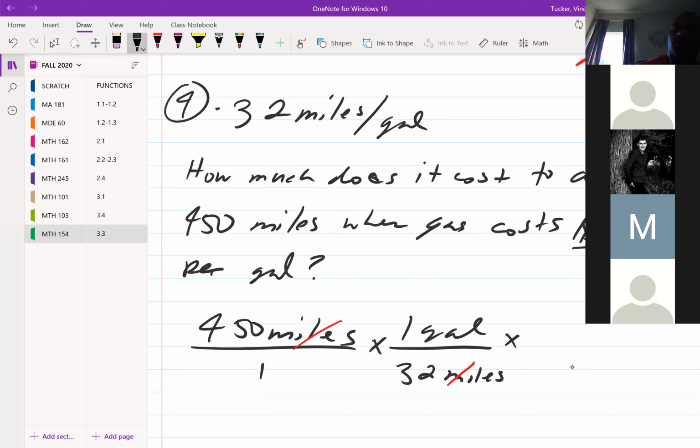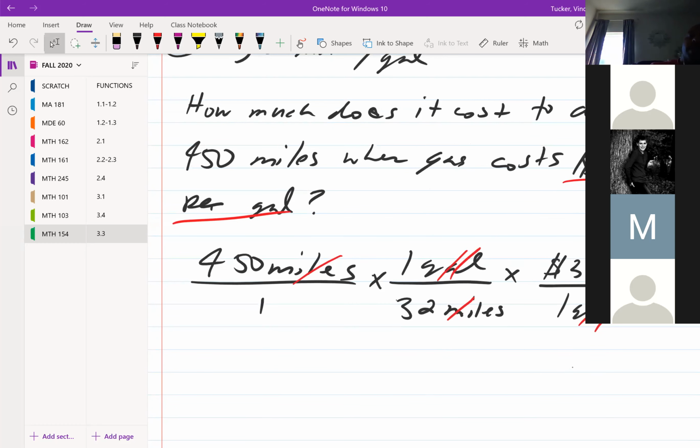We have this conversion factor of $3.50 per gallon. So we can use that conversion factor to convert these gallons to dollars. So we convert the miles to gallons and then the gallons to dollars.